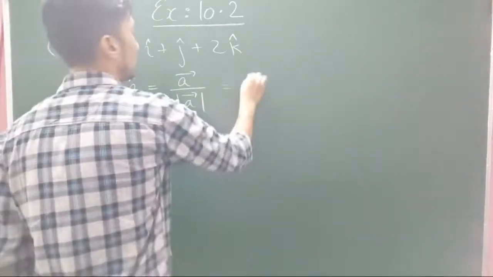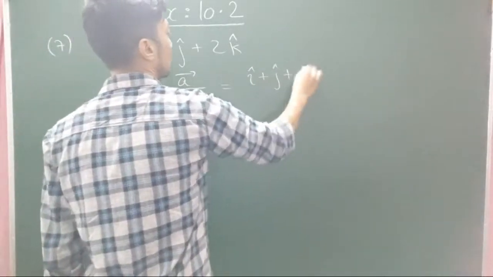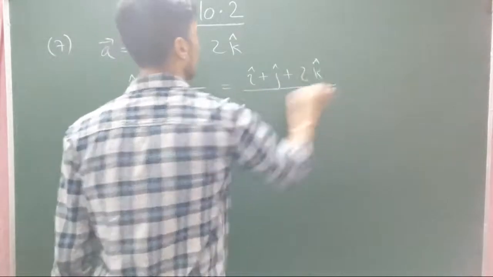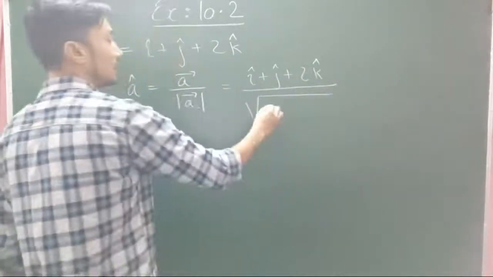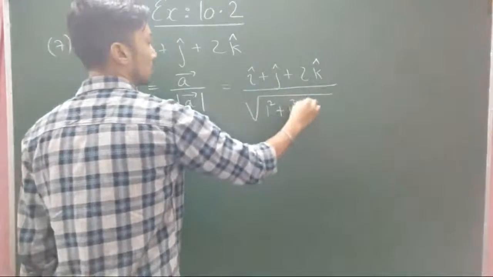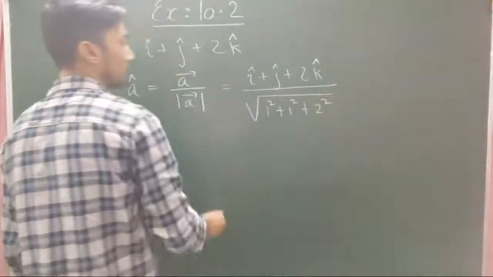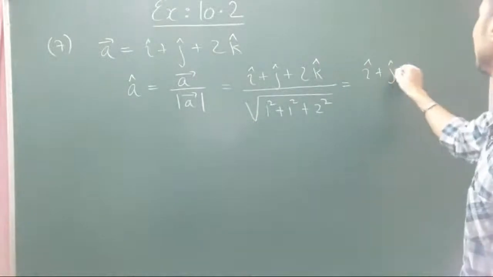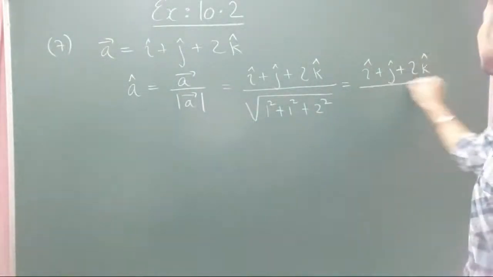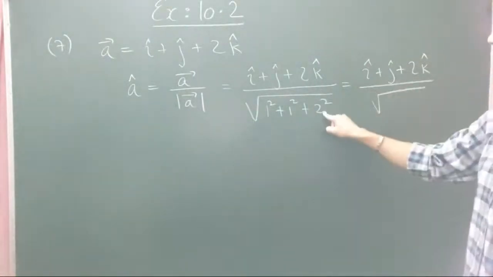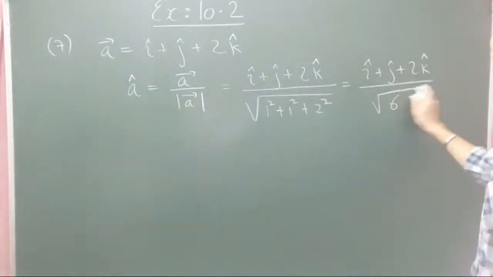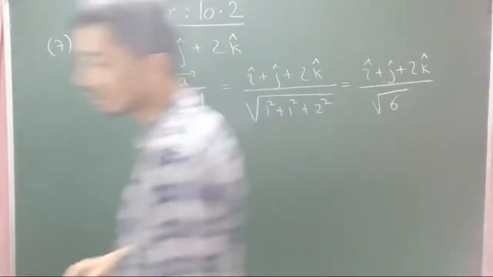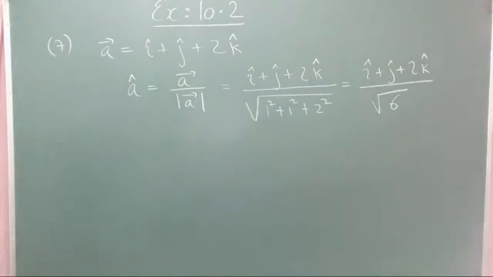So let's do that. We can do it directly also, no problem. That is i plus j plus 2k divided by its magnitude. Magnitude, we have already done it: 1 square plus 1 square plus 2 square. So that would be i plus j plus 2k divided by 1 plus 1 plus 4, 6, so square root of 6.